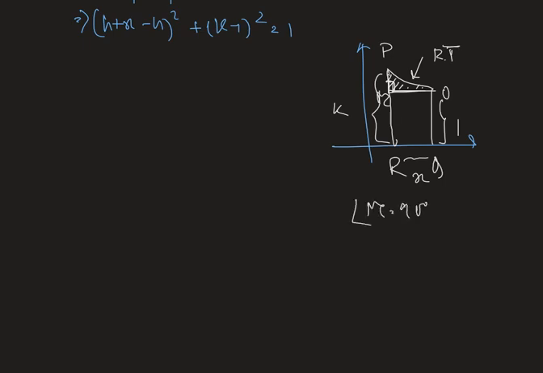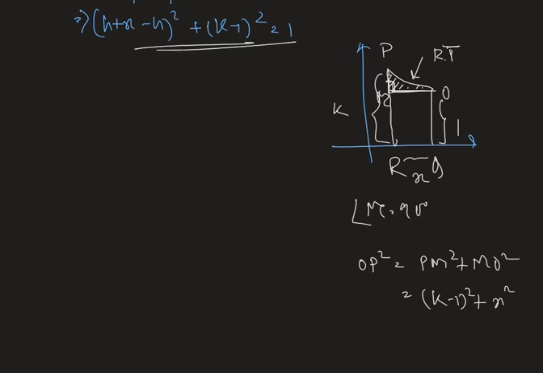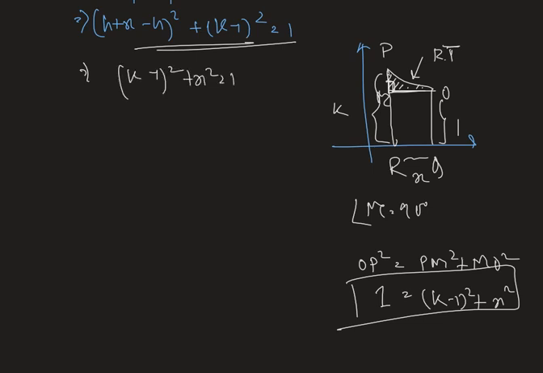Therefore we can say that OP squared is equal to PM square plus MO square. The value of PM is k minus 1 and the value of MO is x. So from this we get this equation, and the value of OP square is 1. Therefore this reduces to (k minus 1) square plus x square is equal to 1, which results in x square plus k square is equal to 2k.